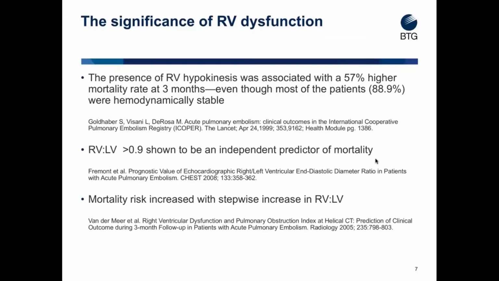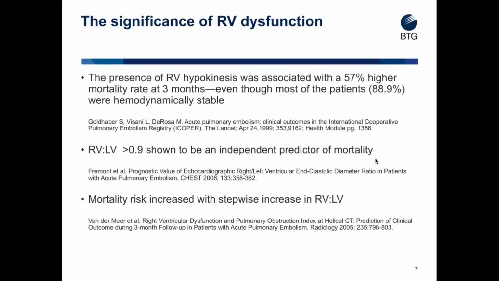The RV-LV ratio, both derived from CT scan and echo, has been shown to be an independent predictor of mortality in the setting of submassive pulmonary embolus.